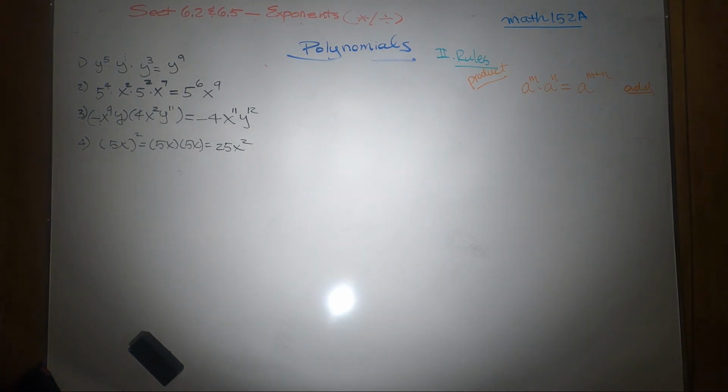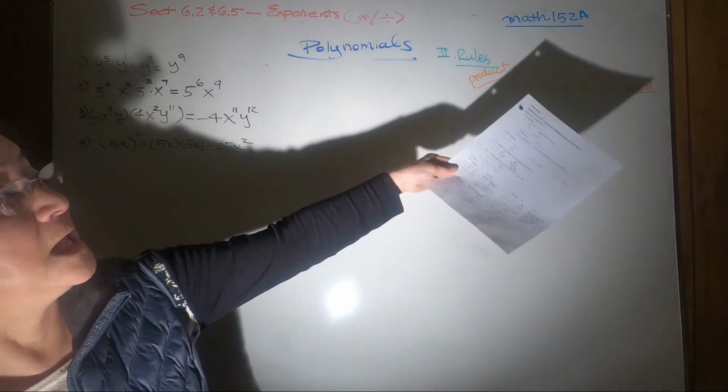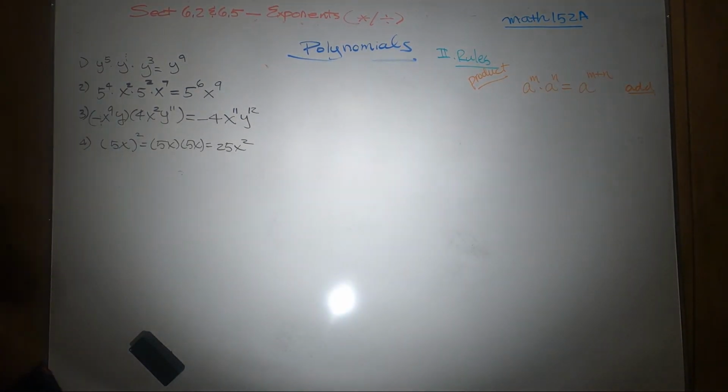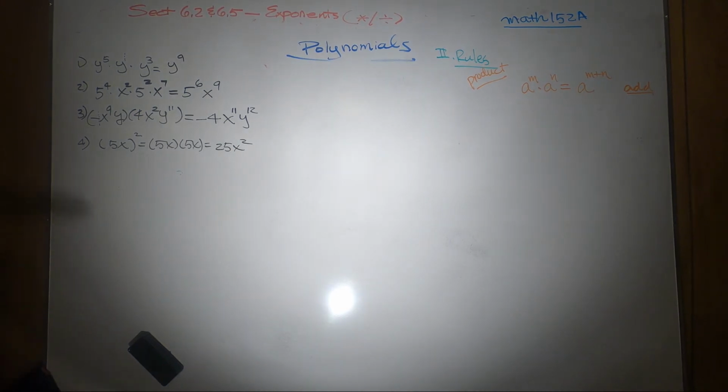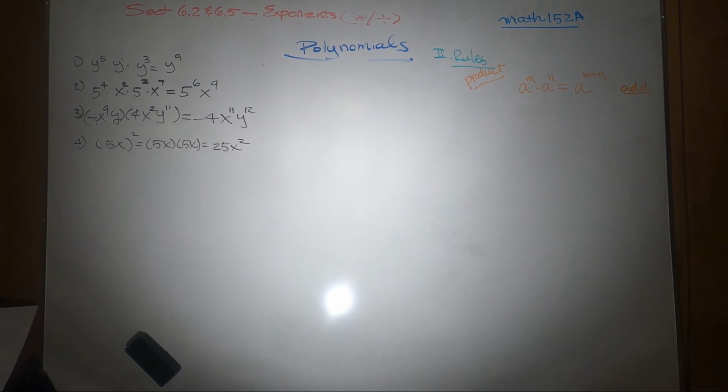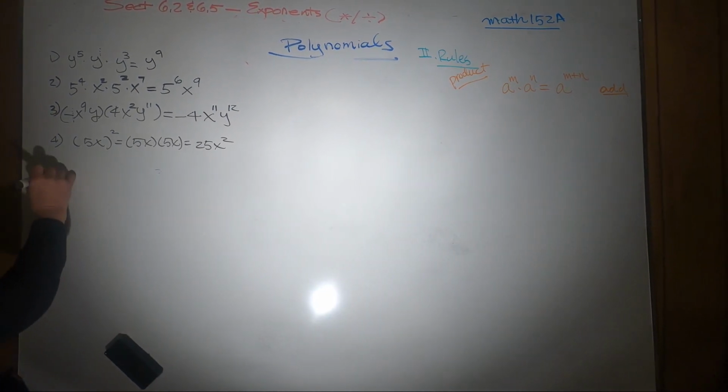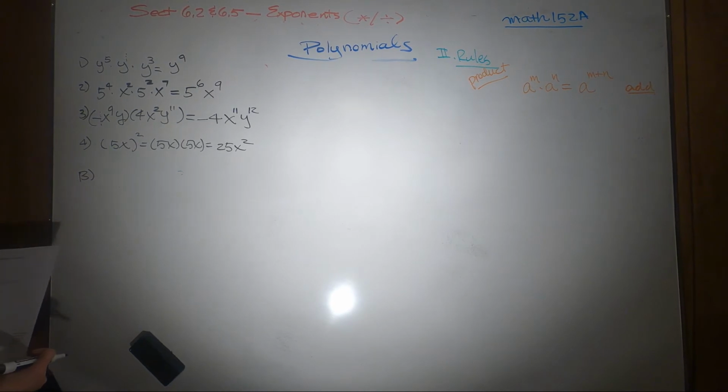Okay? When you have same base, then you just combine your power by adding them. Then that would be the simplest form to show, right? So you want to write it in the simplest way. Let's look at the next one.